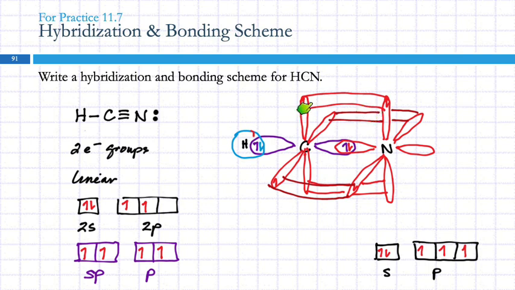So this bond, this one up here and this one down here, that is one pi bond. And over here, this guy that's in the front and the back, one pi bond. I know it looks like two, doesn't it? But the p orbital is on both sides of the atom.